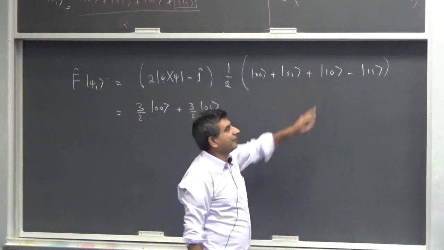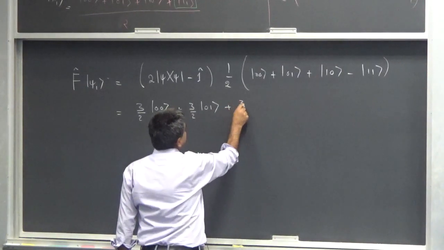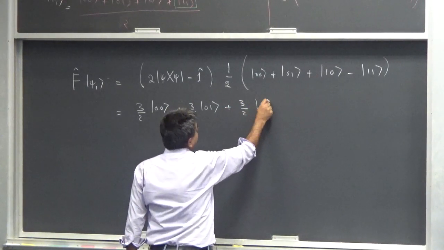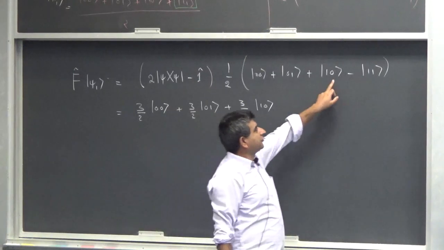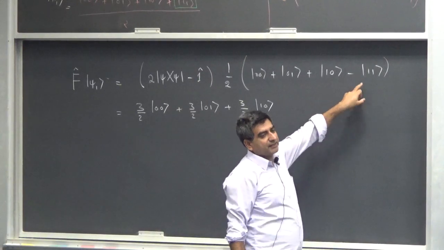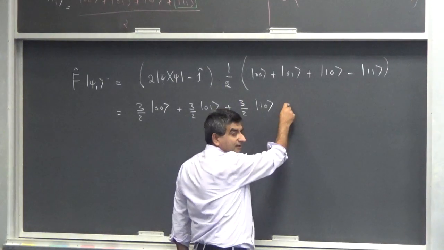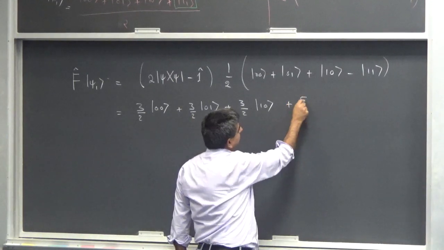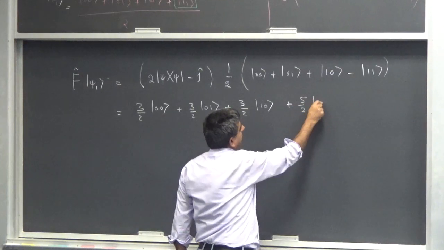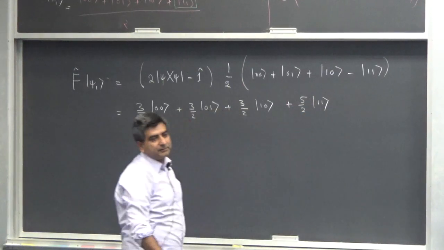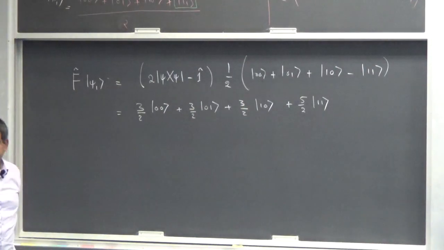Again 3 by 2. And 2 minus half is 5 by 2, right? Got it?